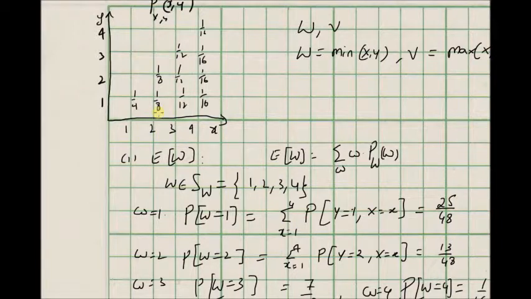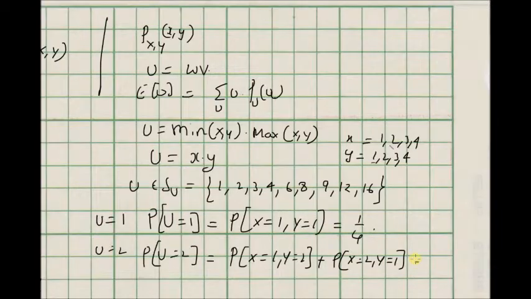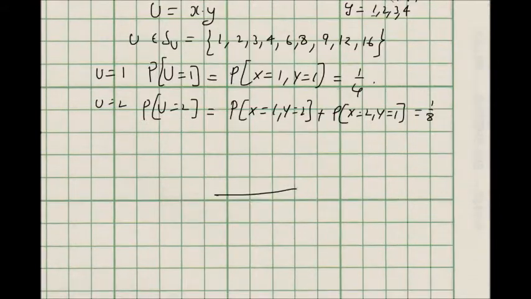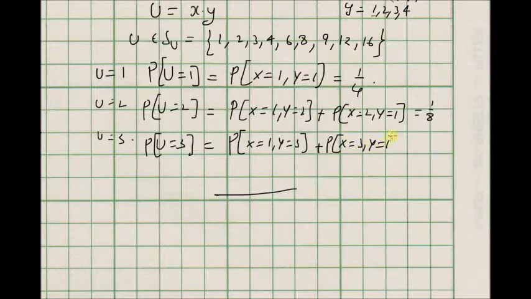For X equal to 1 and Y equal to 2, this is 0. So the sum is still 1 by 8. Similarly, for U equal to 3, the probability of U equal to 3 is the probability of X equal to 1, Y equal to 3 plus the probability of X equal to 3, Y equal to 1, which is equal to 1 by 12.